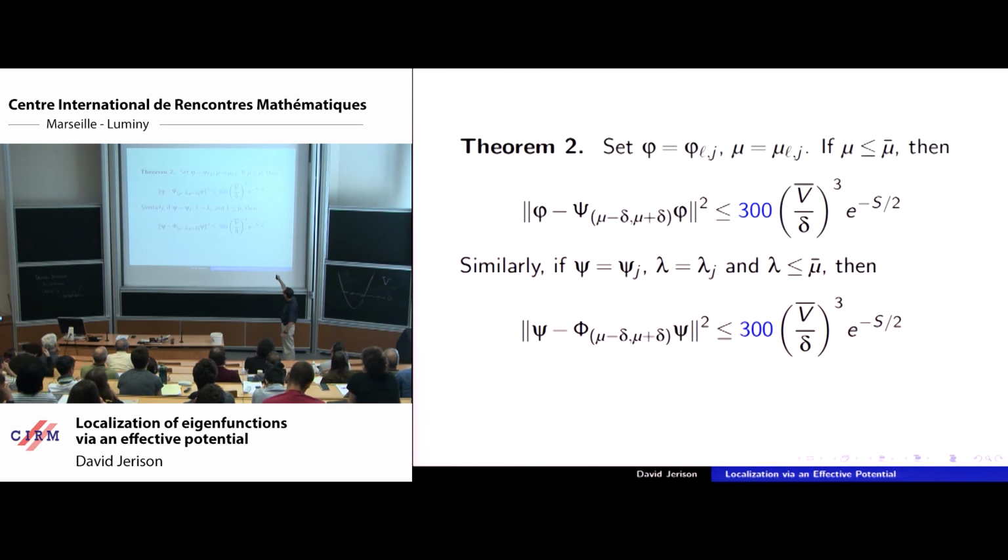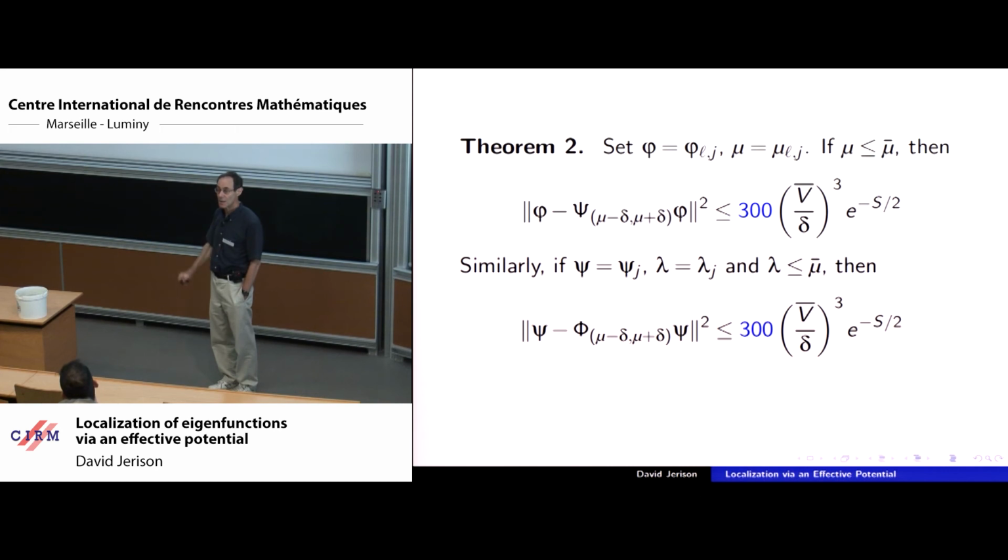This is a nice number, and a lot is a factor that kills this algebraically sized object here. And then we have exactly the same thing the other way. If you take an eigenfunction of the original, then it's trapped in a spectral band of the phis with the same constants.